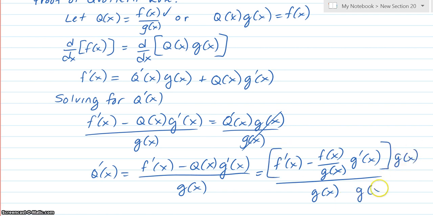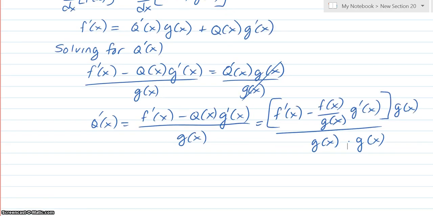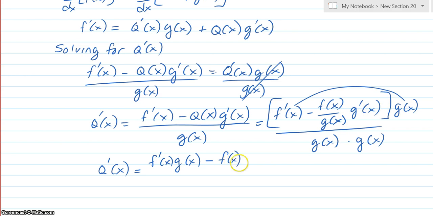That's where that squared comes in. So what do we have? This is it. Drum roll, we have f prime of x times g of x minus f of x times g prime of x, all over the bottom squared.